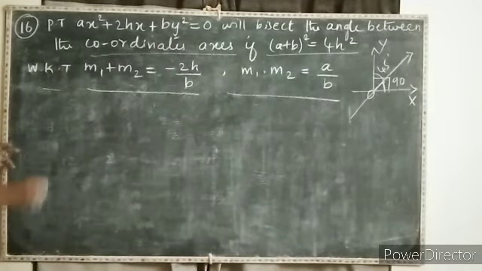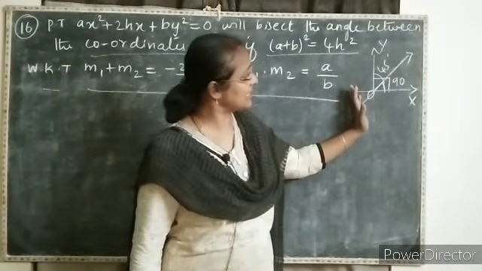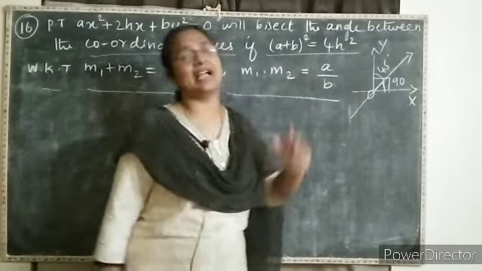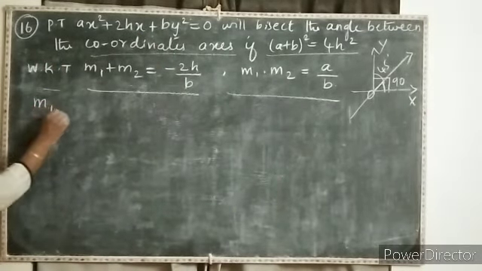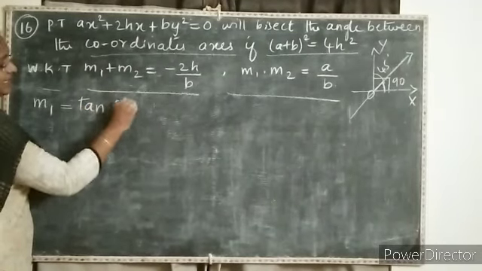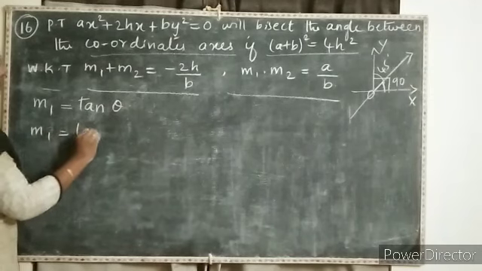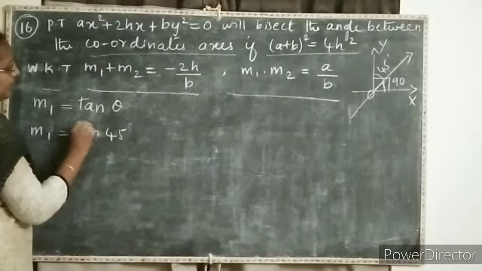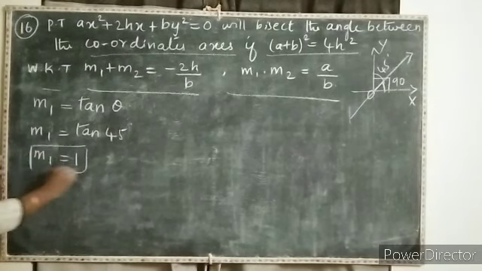Okay, so they have already given a clue that this line bisects the angle. So let's take one slope, m1. We know the slope formula is tan theta, isn't it? Now m1 is equal to tan 45 degrees. So what will be the m1 value? The m1 value is 1.